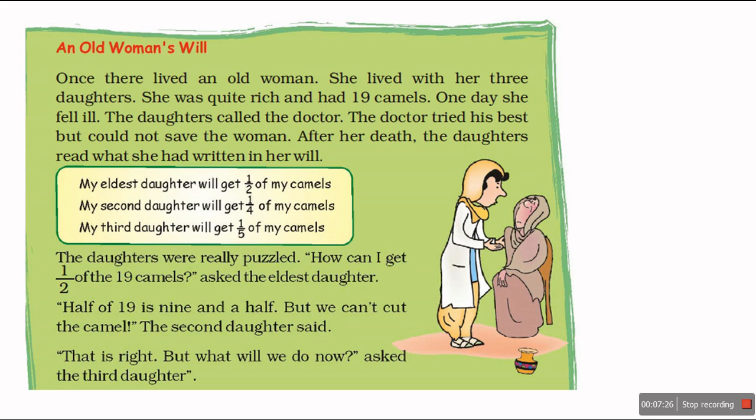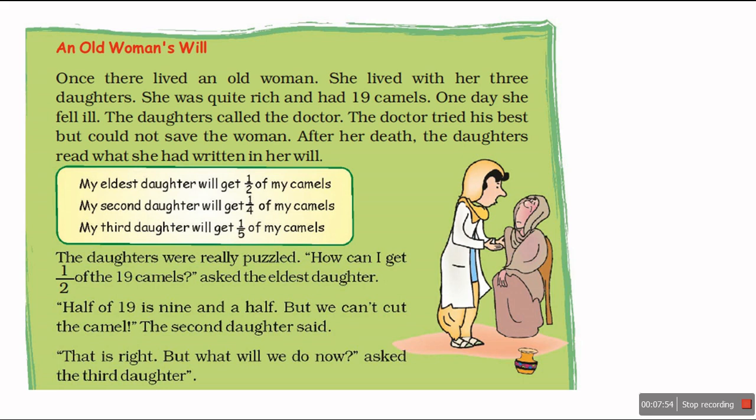After her death, the daughters read what she had written in her will. When she was dying, she wrote a will on how to distribute these 19 camels. The will said: half of the camels to the eldest daughter, the second daughter will get a quarter of the camels, and the third daughter will get 1/5 of the camels.